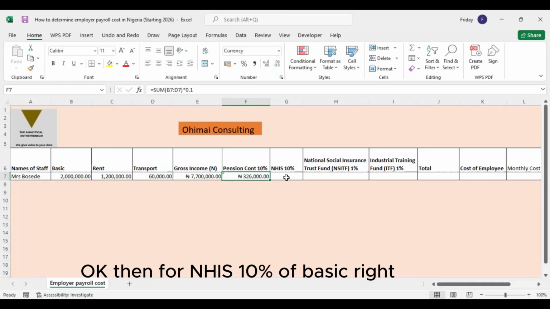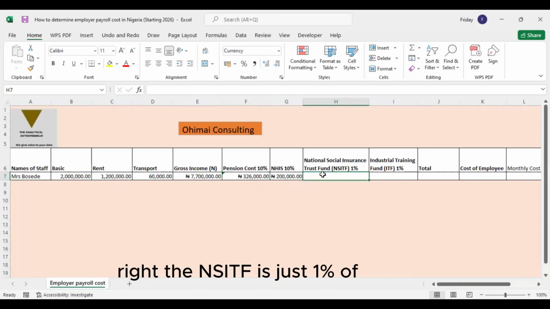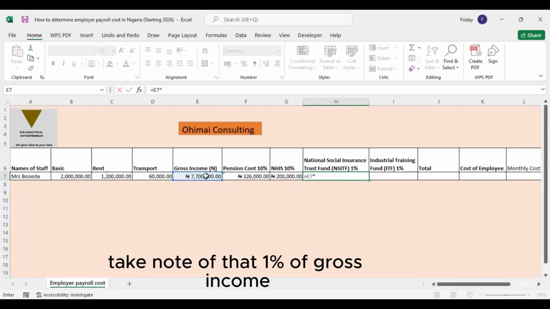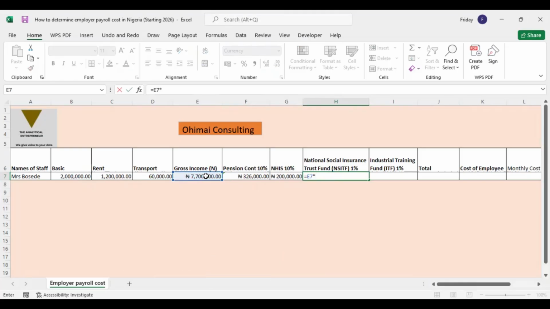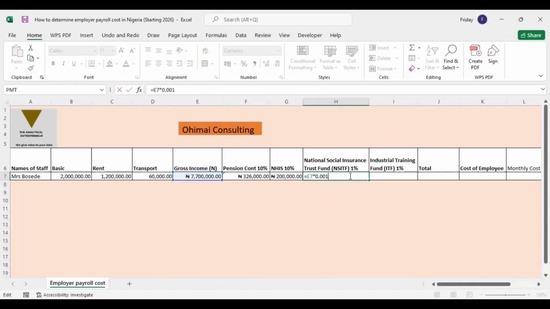Then for NHIS, it is 10% of basic. This basic, you multiply by 10%. The NSITF is just 1% of the gross income. Take note of that: 1% of gross income.